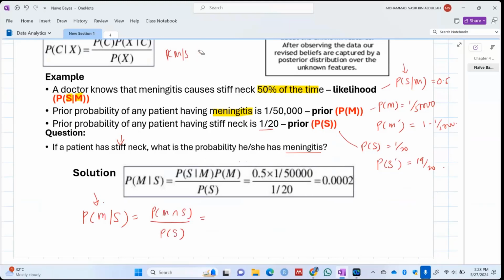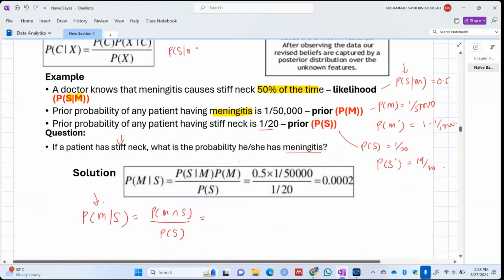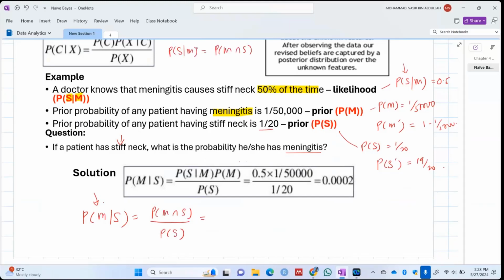So if you expand this, let's say we make it a reverse. Probability of S given M is equal to probability of M intersect S divided by probability of M. So probability of M intersect S is the probability of S given M multiplied with the probability of M. We know the probability of S given M, and we want to find the probability of M given S. So this is also equal to the probability of S given M multiplied with the probability of M divided by the probability of S. Okay.